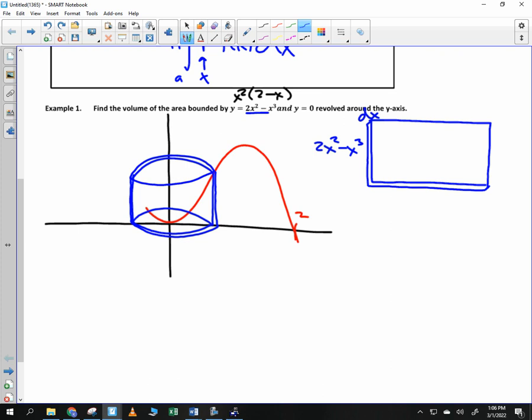The length is the same as circumference. Circumference is 2 pi times r, right? Let's determine the radius. What is my axis of rotation? X equals 0, and this is an x value right there. What's the distance from x to 0? So 2 pi x.